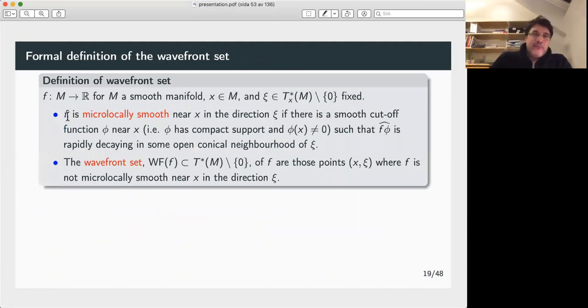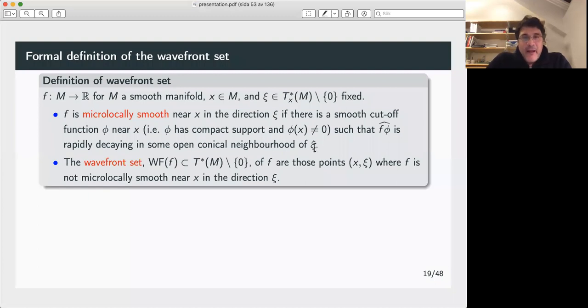So here it's stated for the general case where we have a function on a manifold. We say that the function is smooth microlocally near a point in a certain direction if there is a cutoff function near that point, and the Fourier transform of that localized function decays rapidly in some conical neighborhood of that direction.